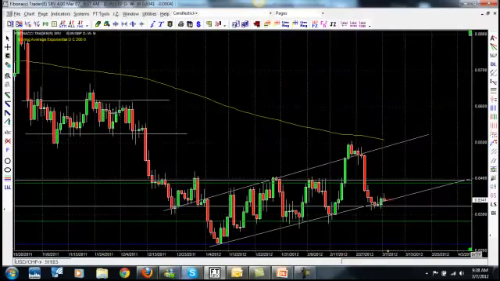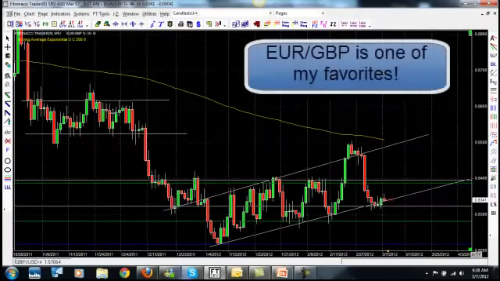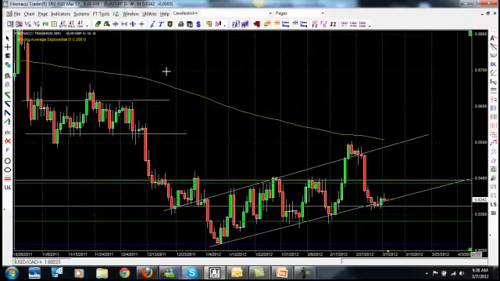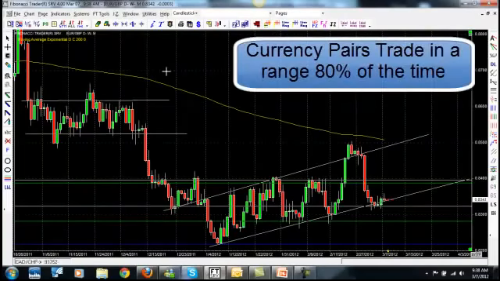Now here's a pair that I absolutely love. This is the euro pound, because the euro and pound pretty much move together to some extent most of the time. This currency pair, and I talk about this in one of our training videos, and I say this all the time, that these currency pairs 80% of the time trade in a range.